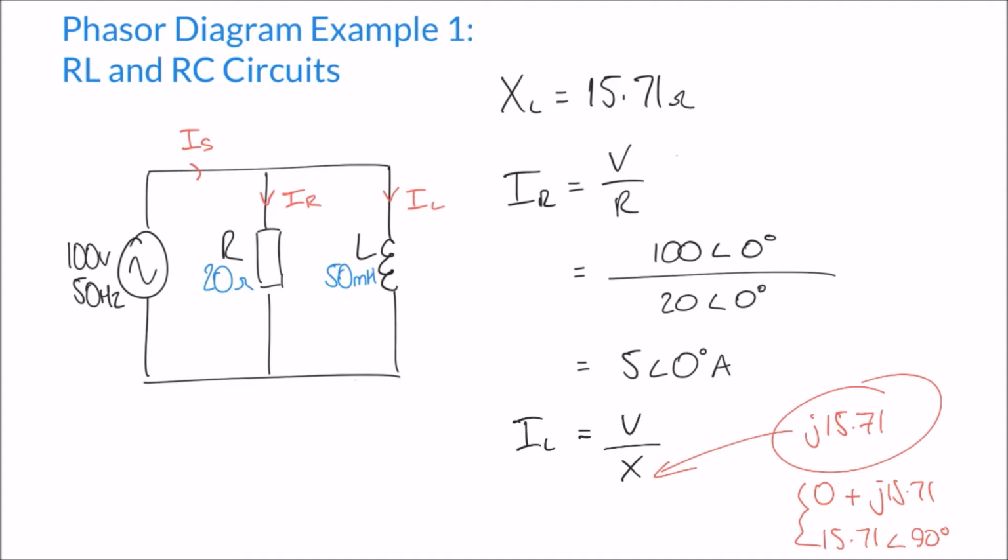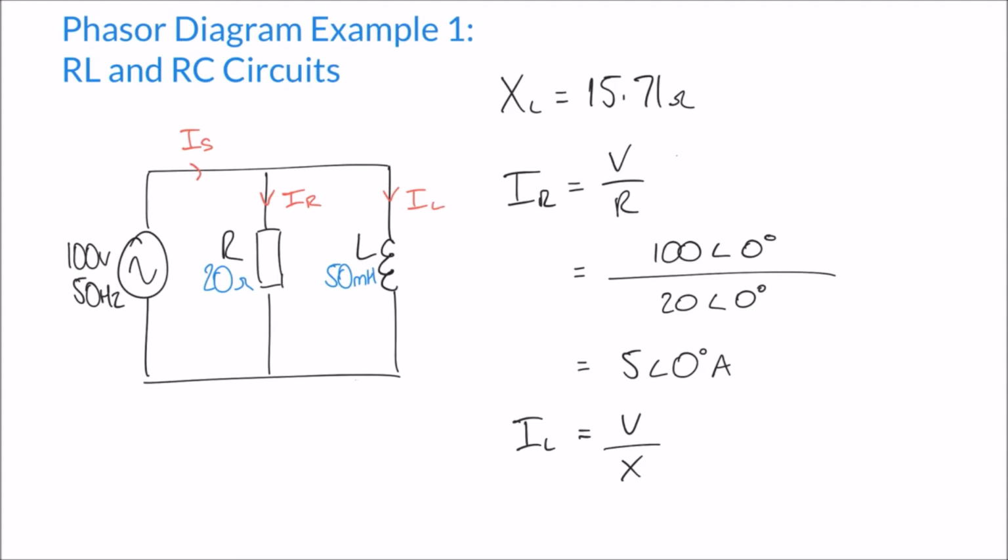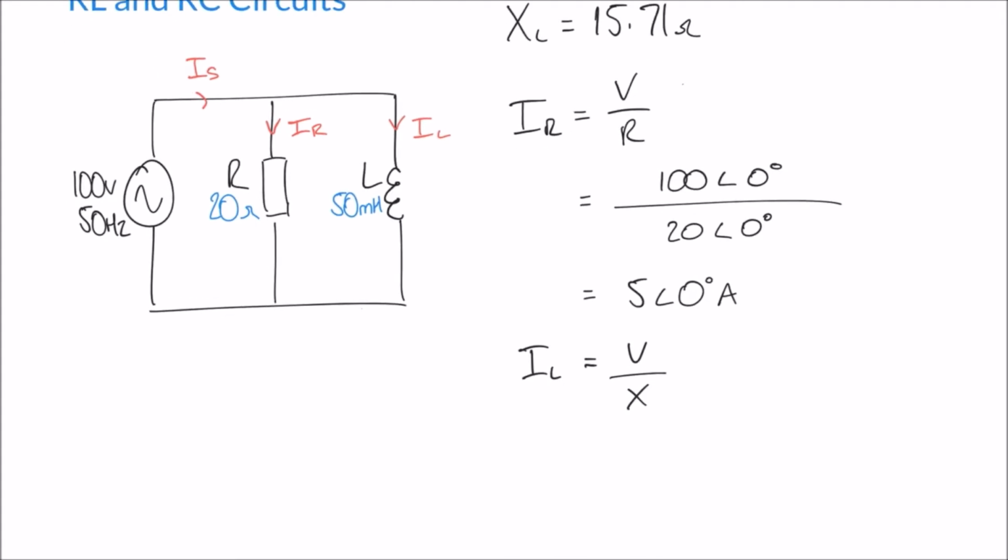Anyway, let's get rid of those for now and go back to the equation in question here, because voltage divided by reactance, we're going to use the same supply voltage as we did before, that 100 volts at an angle of 0 degrees. So we can say as a fraction here, 100 at an angle of 0 divided by 15.71 at an angle of 90 degrees.